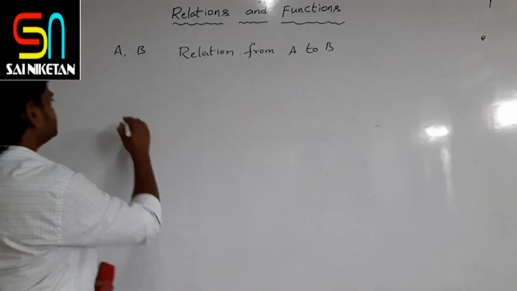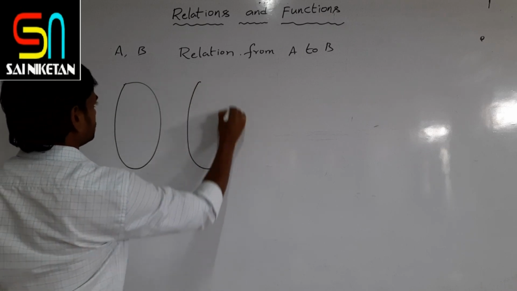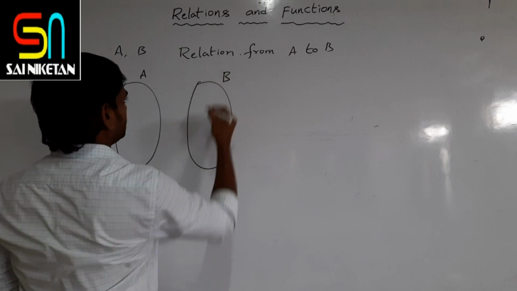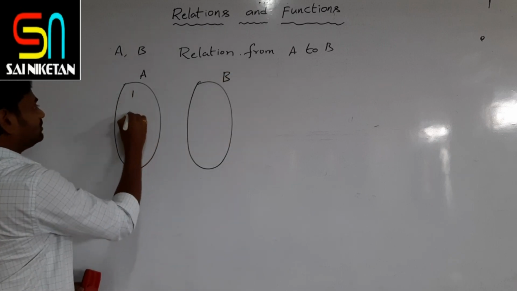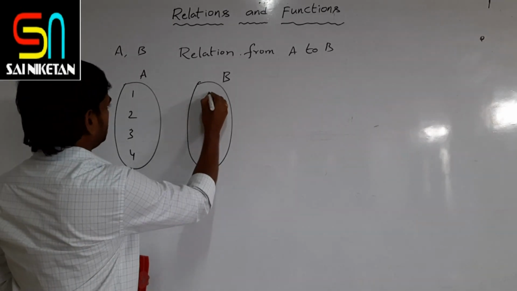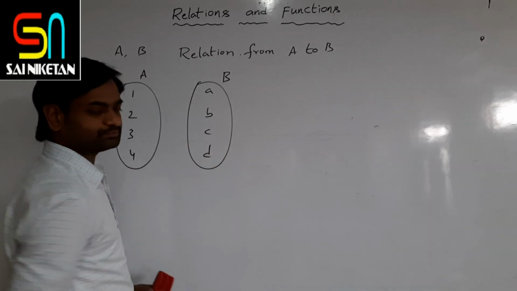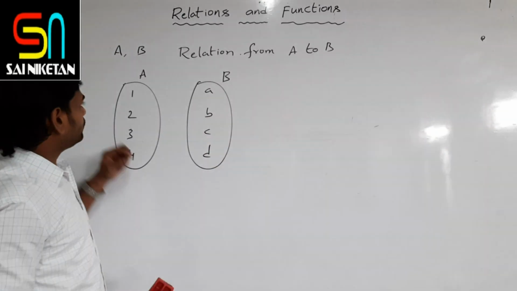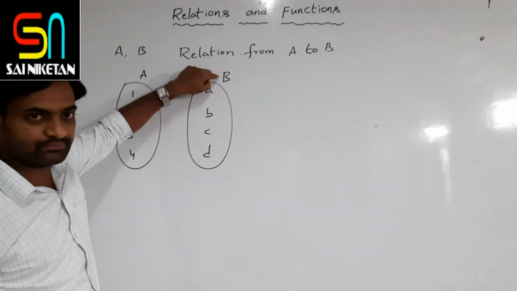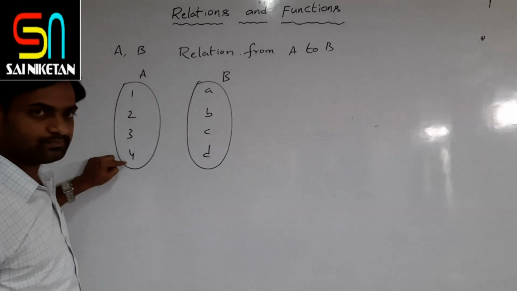See one example. This is capital A, this is capital B. In the first set, I took the elements 1, 2, 3, 4.